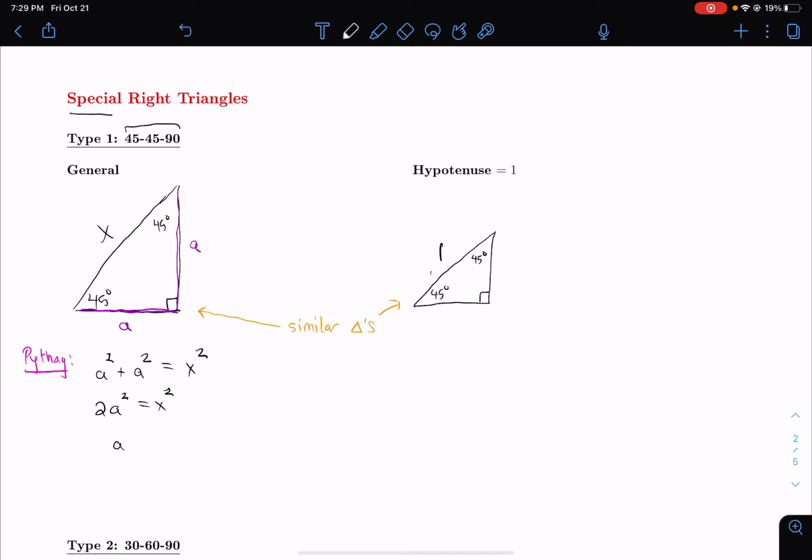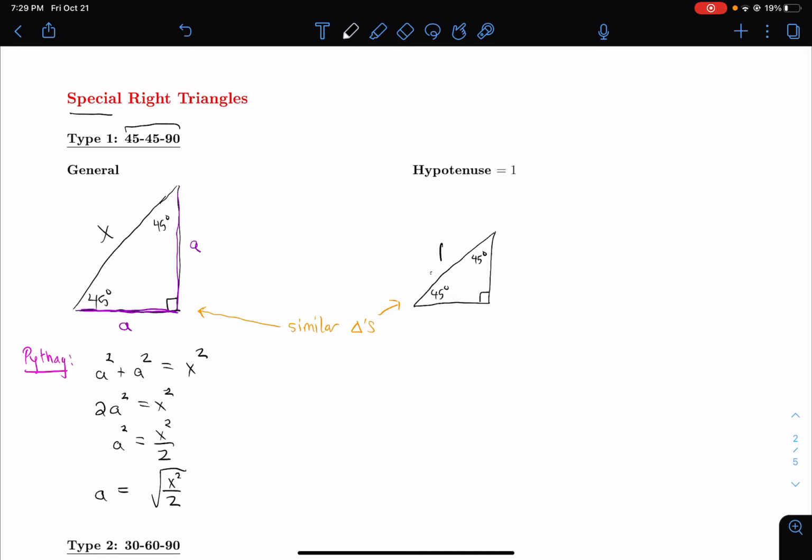Divide by 2, and I get a squared equals x squared over 2. Then I can square root both sides. Square rooting this, I get a. Square rooting the other side, I get the square root of x squared over 2. One thing to notice is I don't need a plus or minus because a is a length, so a cannot be negative.